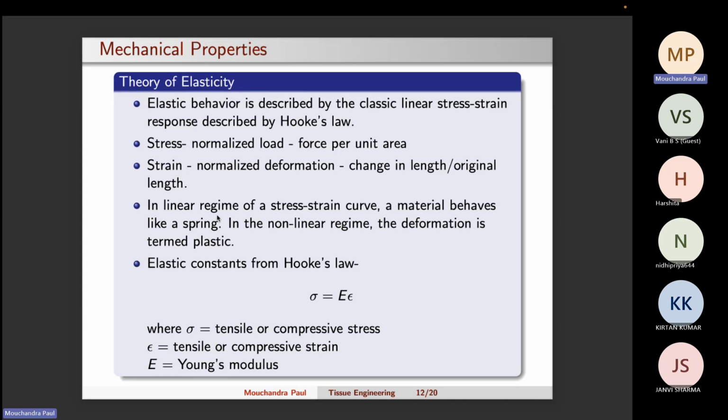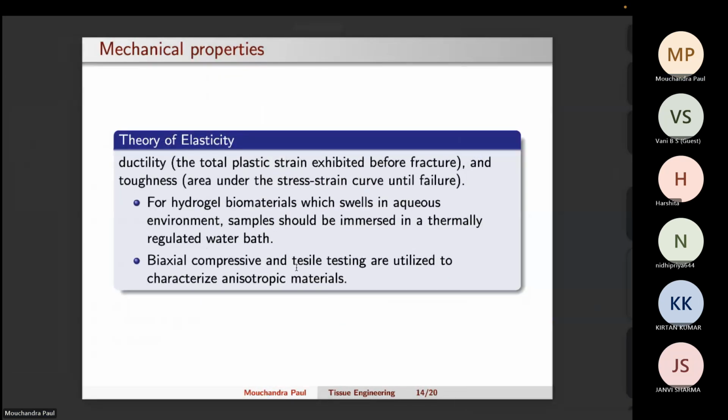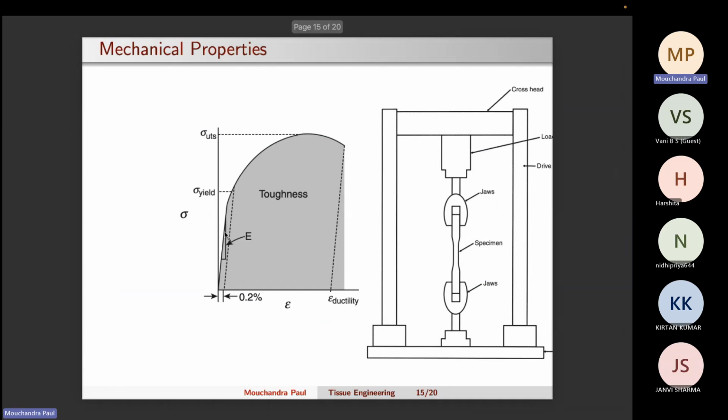But when you go far from the linear regime, then deformation happens. That is called plastic deformation. So here in this curve, this is the linear regime, all right? And then you can see there is a line that is not linear anymore. It is like a small arc kind of a thing. In this region, the stress is not proportional to strain.